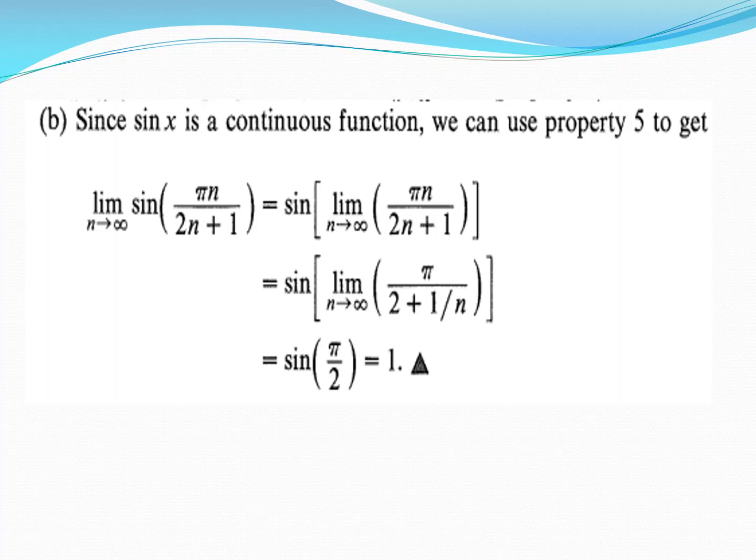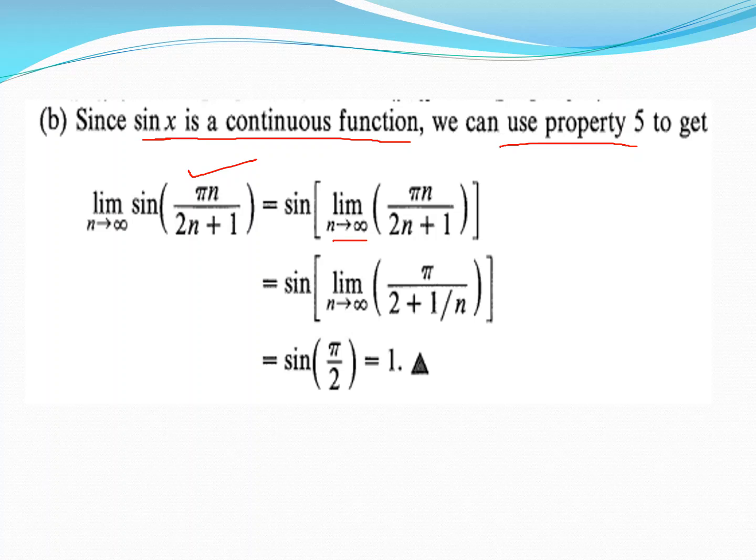We know that sin x is a continuous function. We will use property 5 to get sin of pi n divided by 2n plus 1, which can be written as sin, and this limit will go into the bracket as n approaches infinity of pi n divided by (2n plus 1).